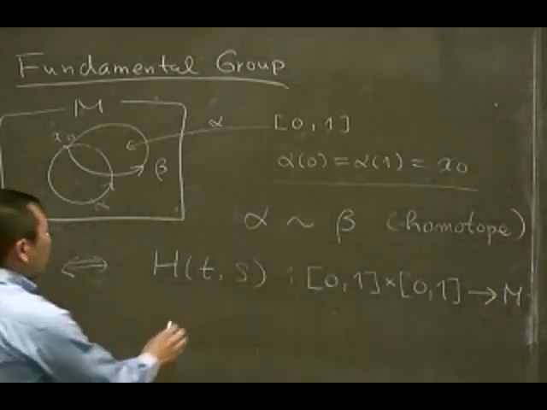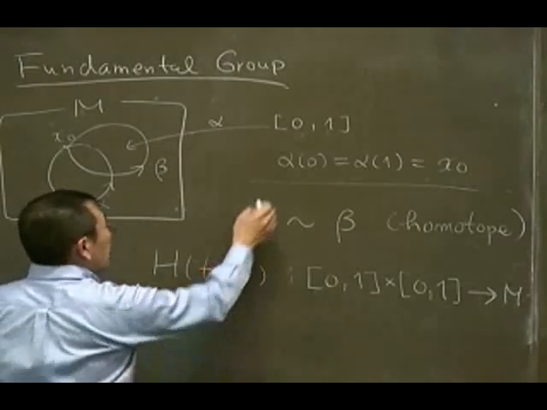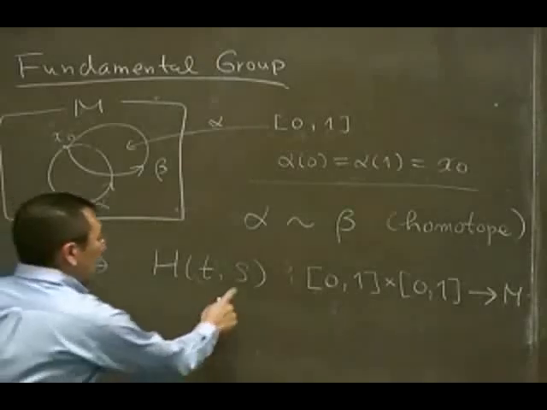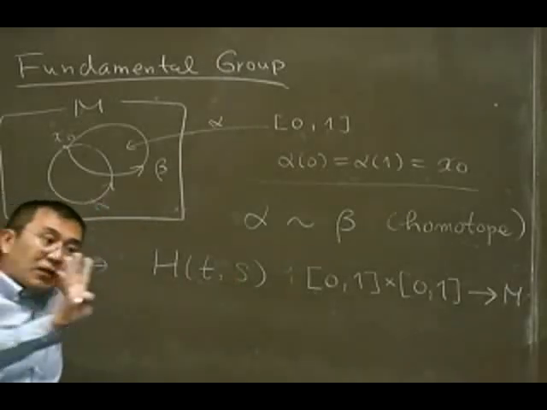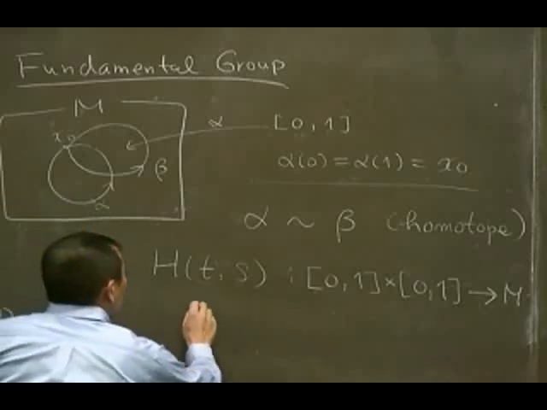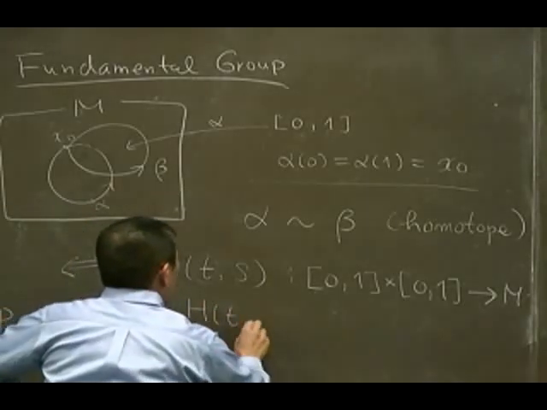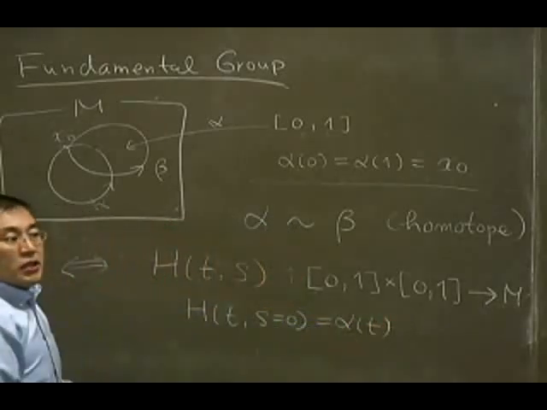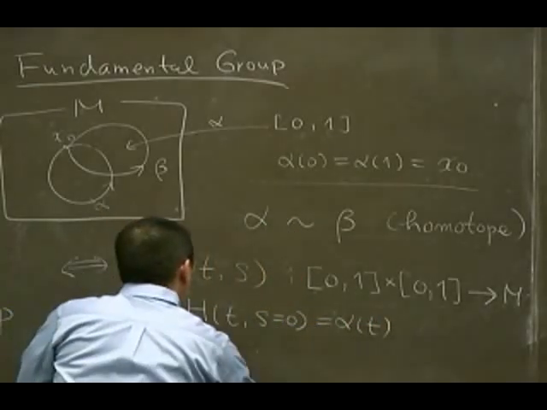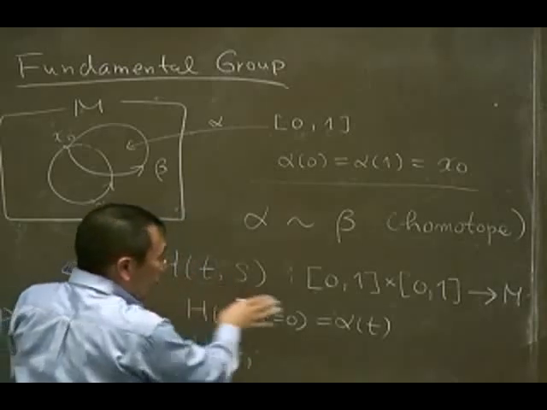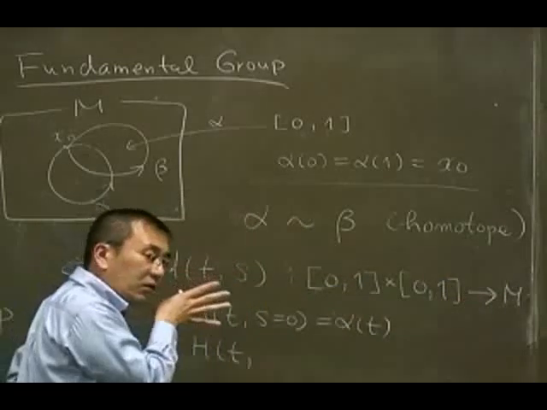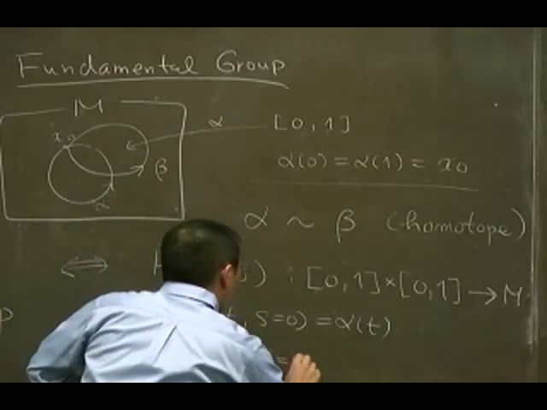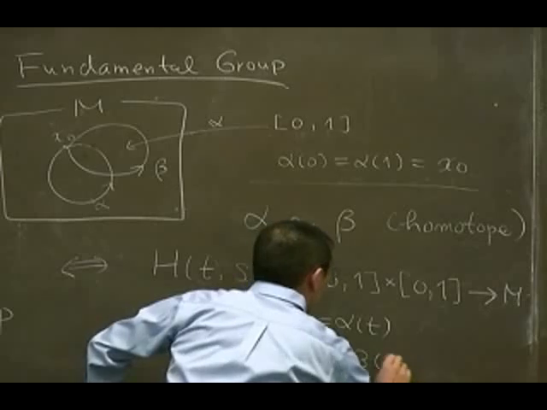Here t is just the parameter of this interval, the parameter coordinate on the circle. The second parameter s is a parameter for the deformation. So at s equals 0, it coincides with the original map alpha. This is supposed to be a continuous map, so s continuously changes from s equals 0 to s equals 1, and at the end it is deformed to become beta.